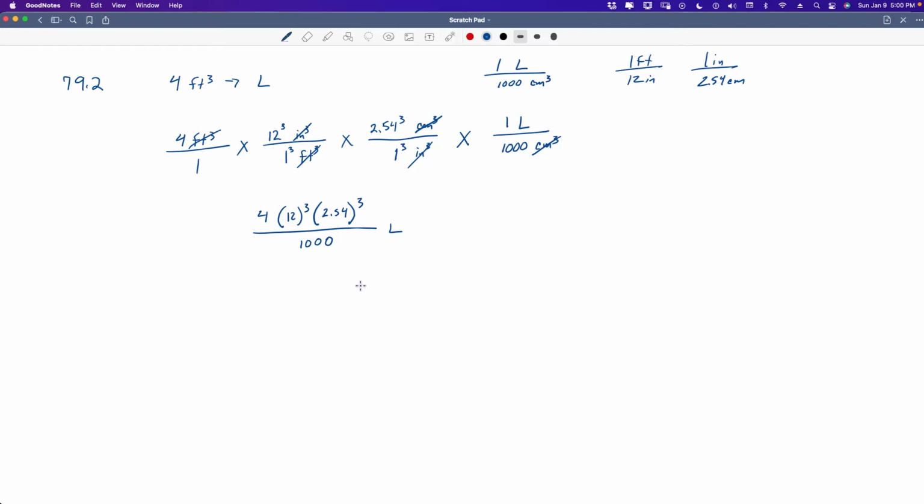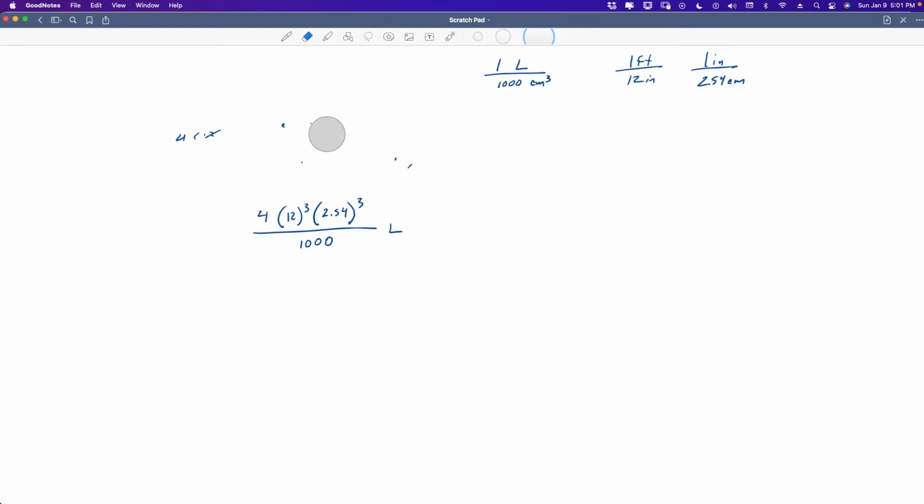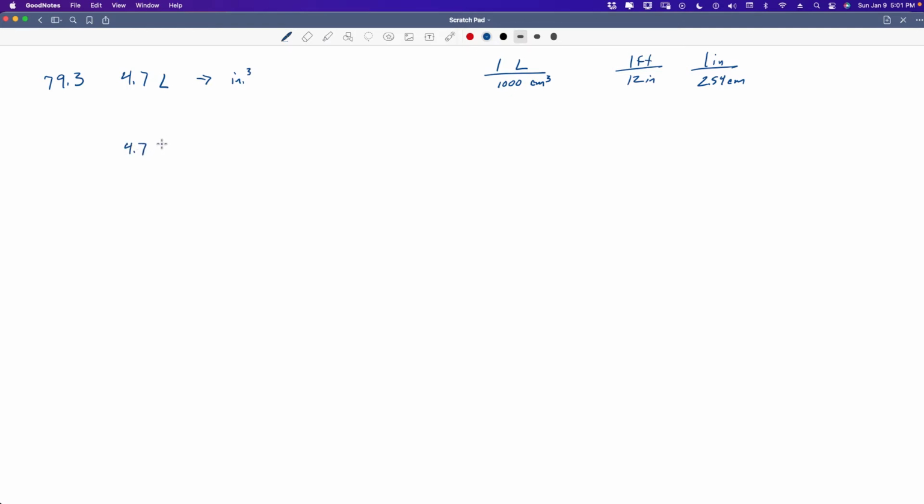That is the answer. All right, let's do one more of these, and I'm going to leave our points of reference up here just in case we need them. This is 79.3. And we are going to convert 4.7 liters to cubic inches. All right, so 4.7 liters over 1.